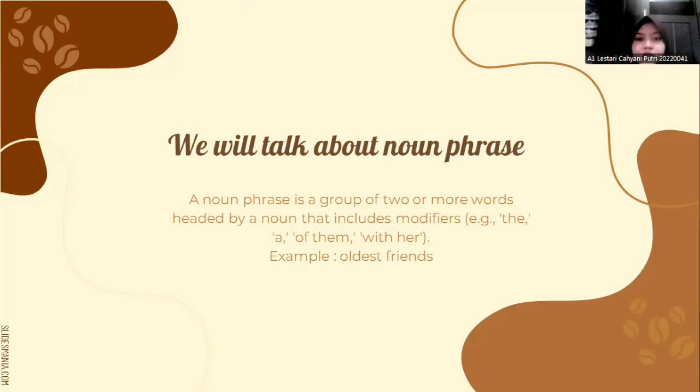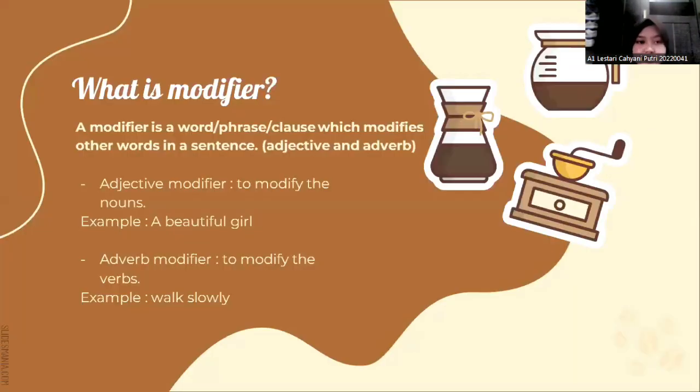So, what is the modifier? The modifier is a word, phrase, or clause which modifies another word in a sentence. So, the modifier is a word that has the function to modify the other word in a sentence.